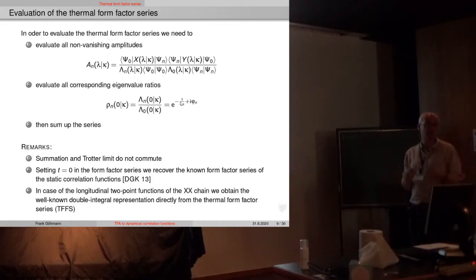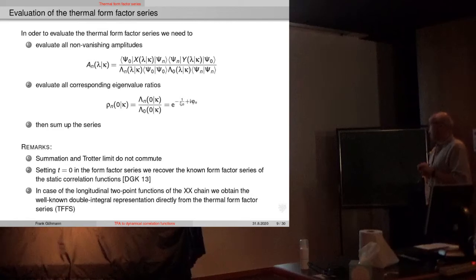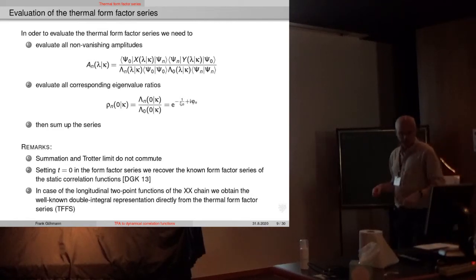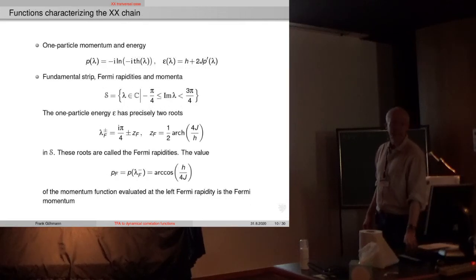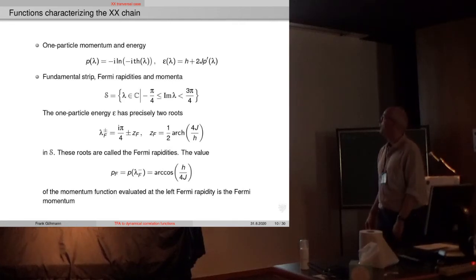This is why you have only two integrals. It's not a question of the spectrum. It doesn't have to do with the free Fermi spectrum, but with a kind of super selection rule for the amplitudes. If we now look at the transverse case, there is no such super selection rule, and you have infinitely many. So you have one particle, one hole, two particles, two holes, three, four, and so on.